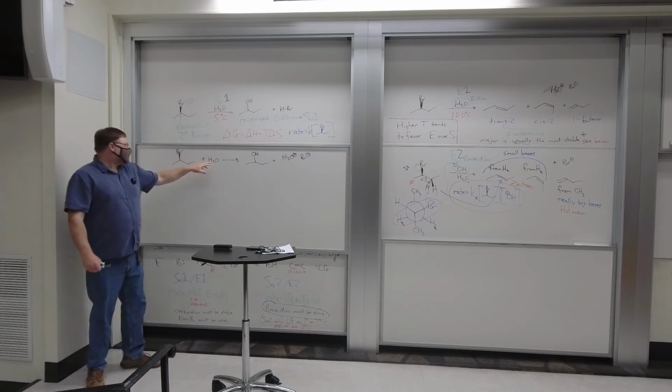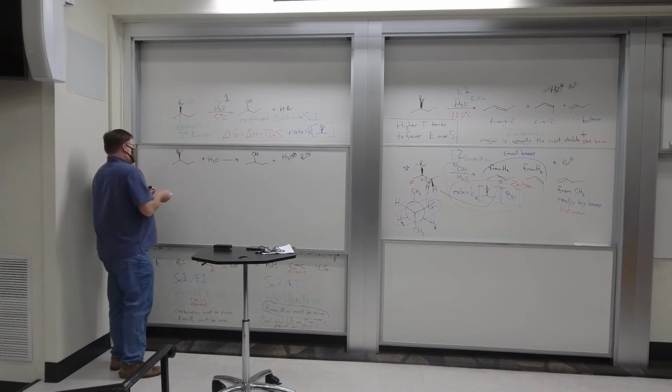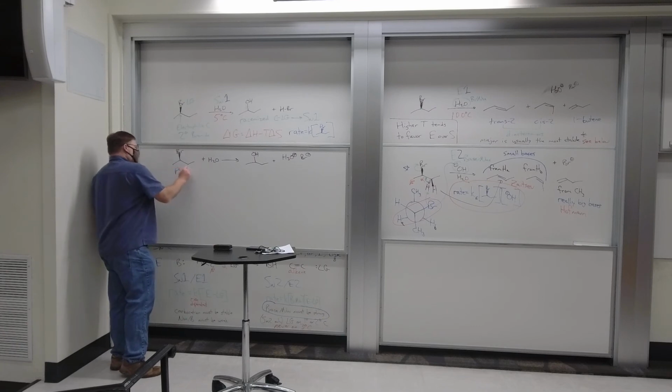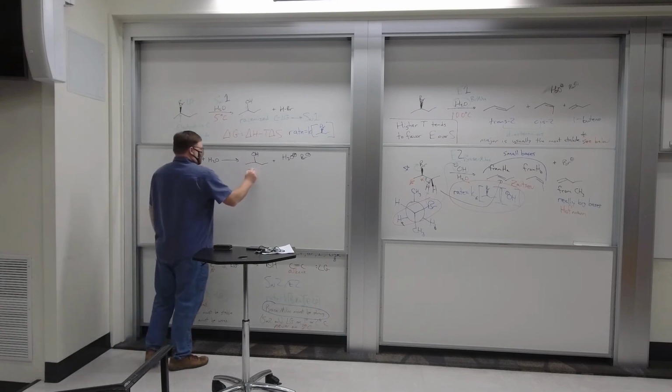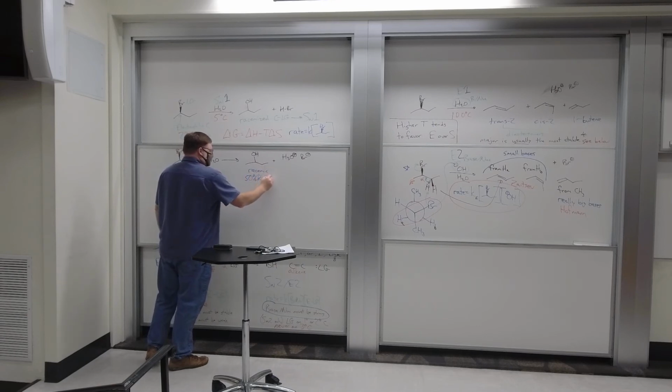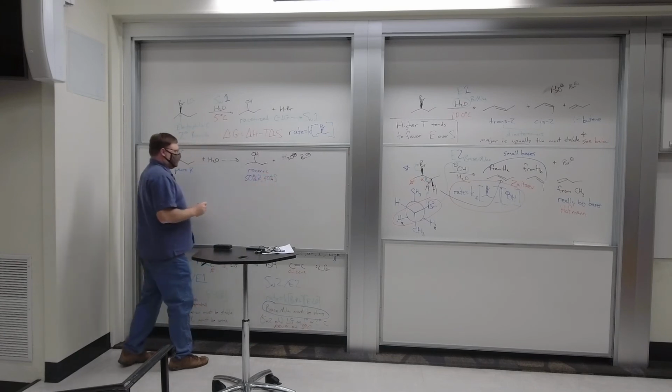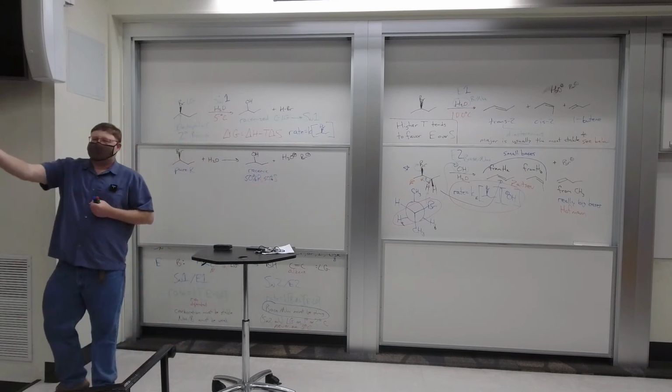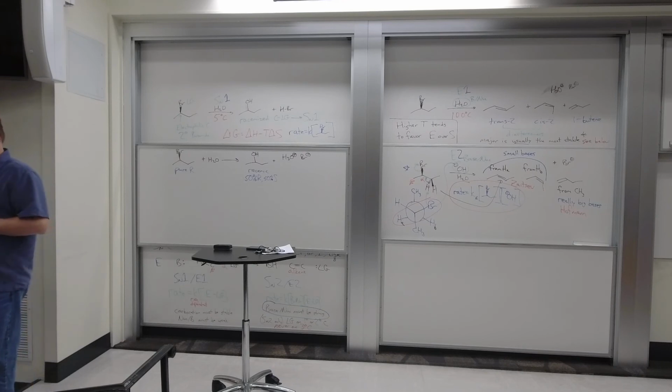And the other thing is, this goes from pure R to racemic. All right? So again, a racemic mixture is 50% R, 50% S. Right, so half the molecules have the OH out at us, half have it back.